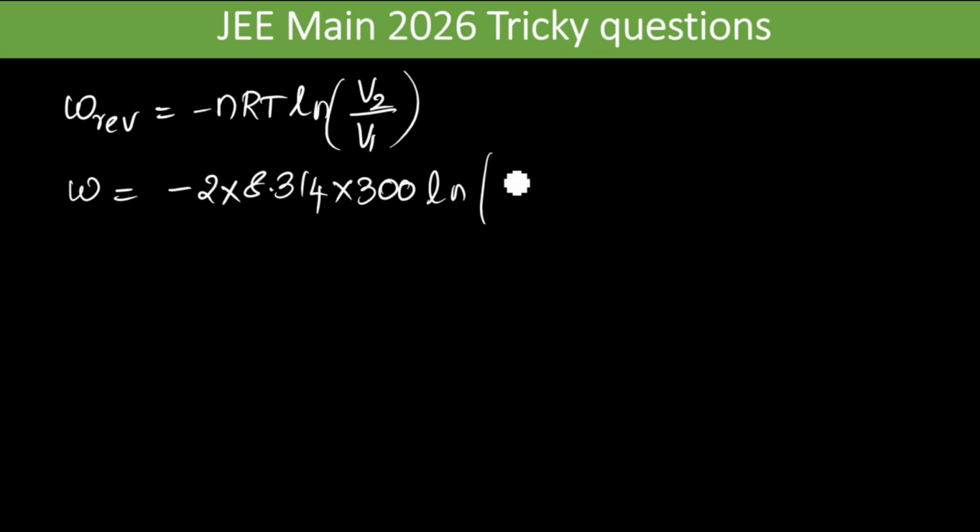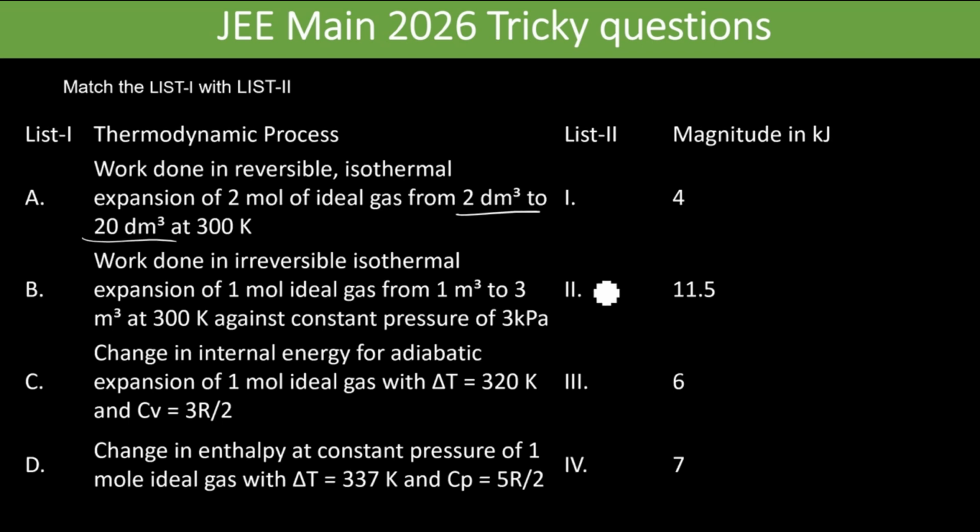Ln 20 by 2, right? So W, this will be ln 10. So you will end up with minus 11,486. I'm changing it to kilojoules, so that will be minus 11.5 kilojoules.